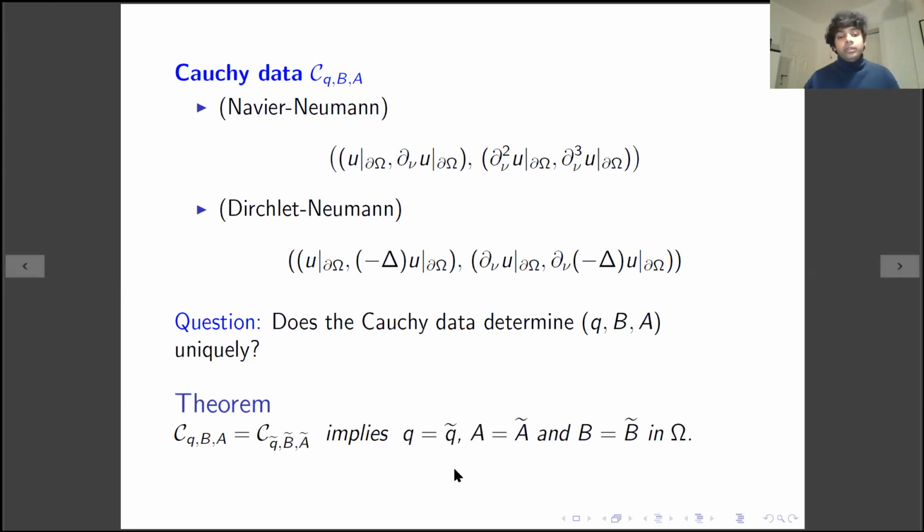So that means we recover the scalar, vector, and matrix at the same time. And we do not face any gauge invariance and so on. We have the global identification of all three coefficients.